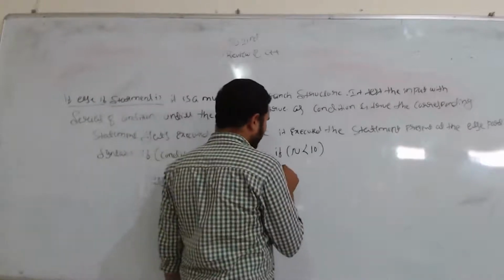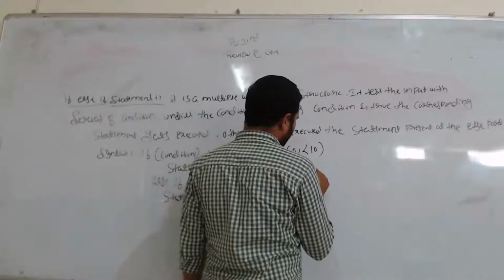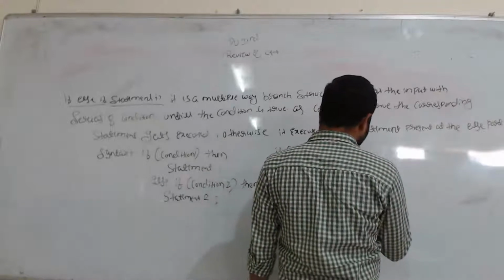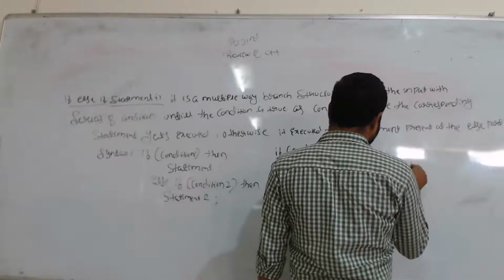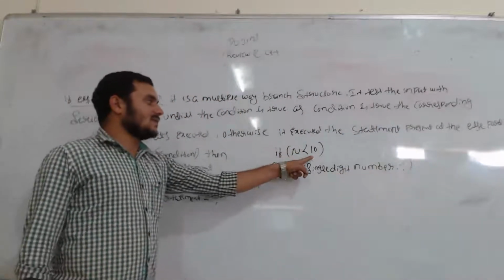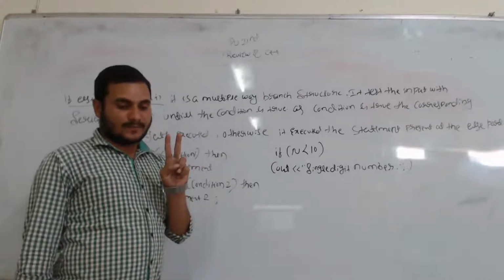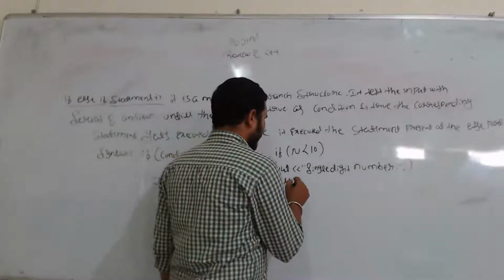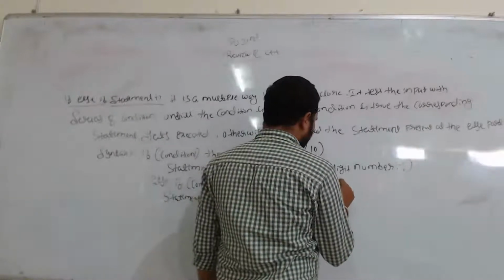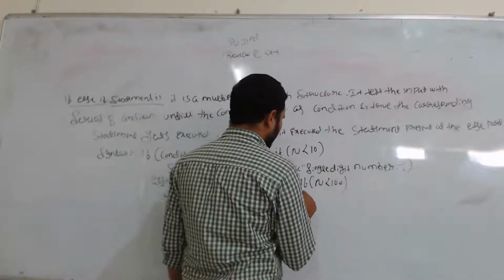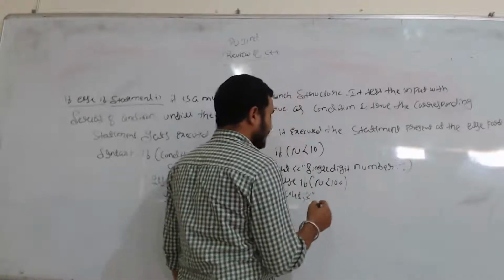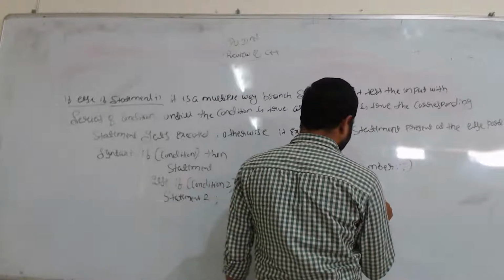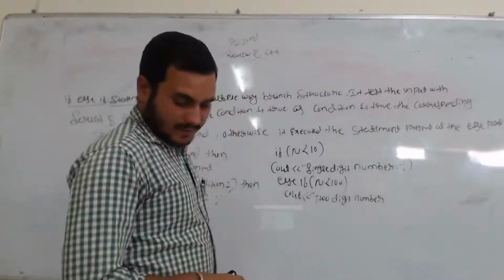This is false, because n has two digits here. Okay, then else if n less than 100, print two digits number. Okay, two digits number.